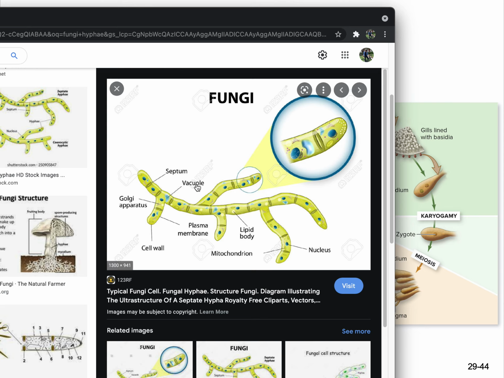Okay, so all of these are individual cells that are put together, right? And so that's why we call them multicellular. So this is one hyphae, 2, 3, 4, 5, 6, 7, 8, 9, right? So there's all these hyphae or cells put together, and they're different from a plant cell. They don't have chloroplasts. They also don't have things like, let's see, what else?